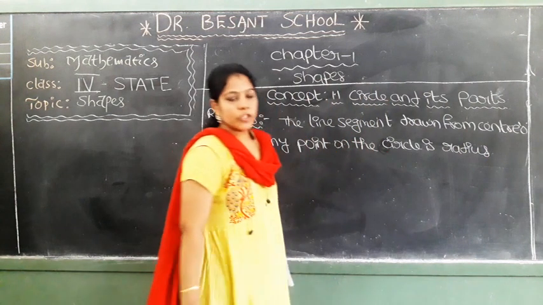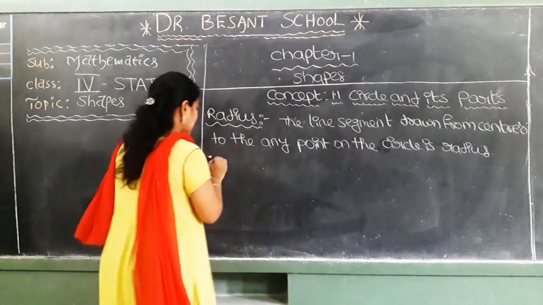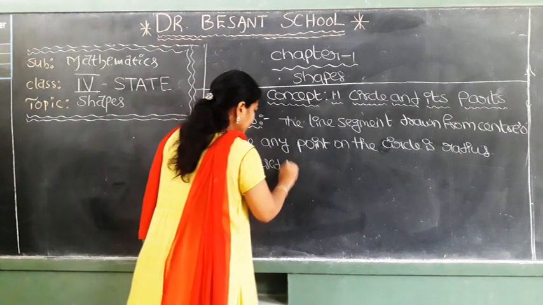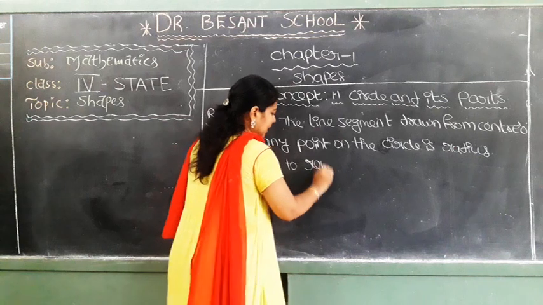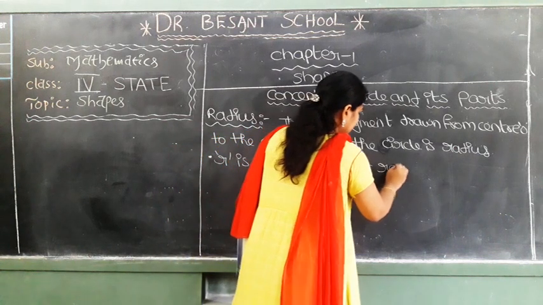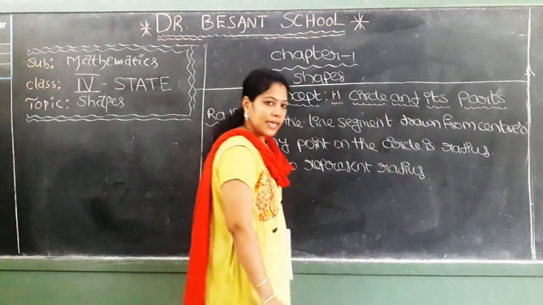Which letter are we using to represent radius? Good. R. R is used to represent radius.